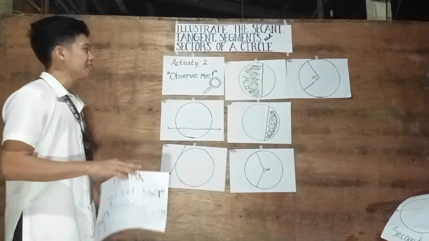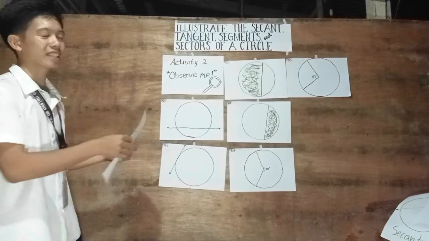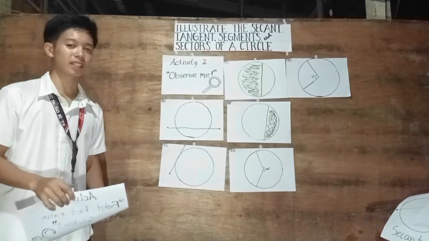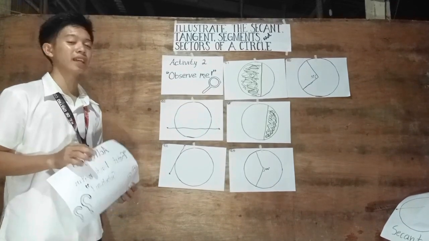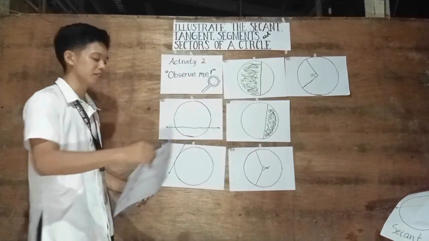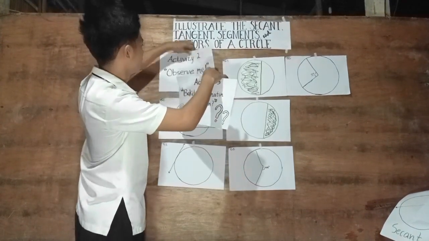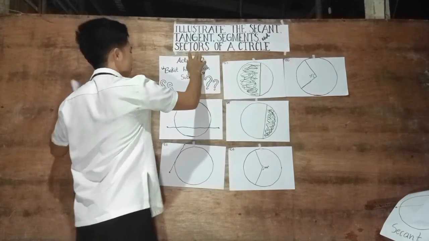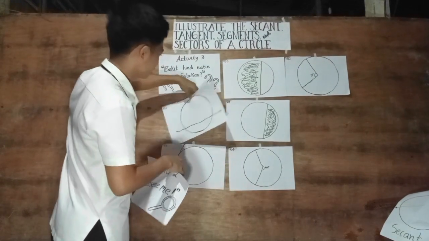So that we can better understand our topic today, which is to illustrate the secant, tangent, segment, and sector of a circle, let's have another activity.